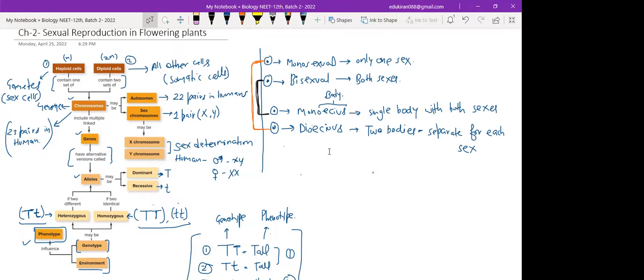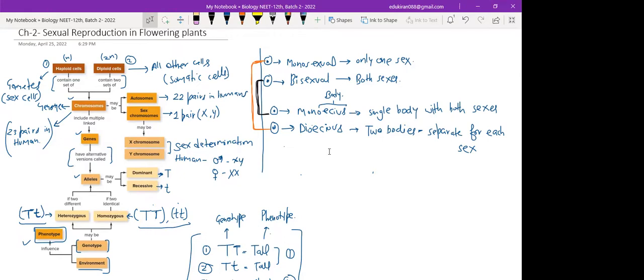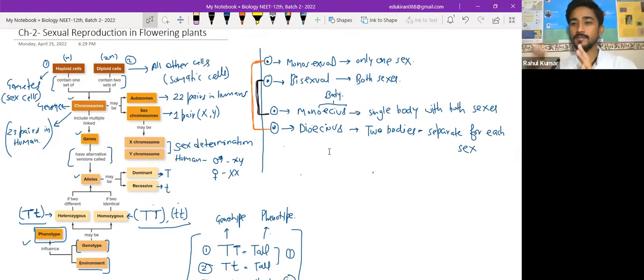Then alleles are forms of genes, like alternate versions of the gene.